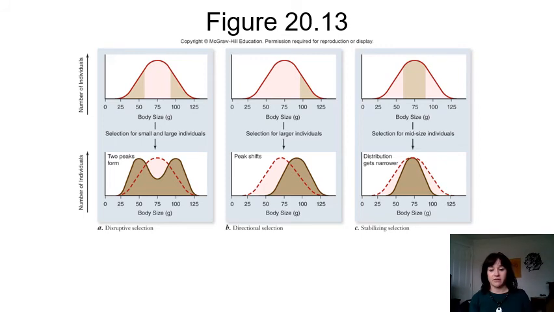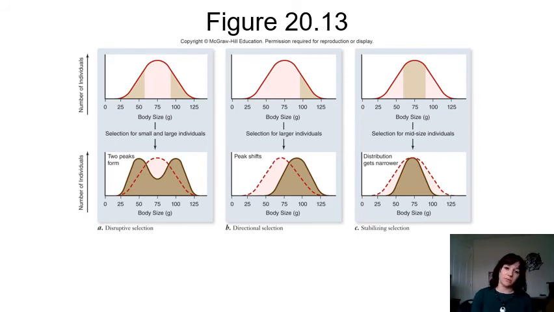So let's start on the right, stabilizing selection, because that's one that we've talked about before and that you're probably familiar with. So we're looking at an example of body size, and body size is determined by multiple genes. And over time, a certain size is going to be selected for, is going to be optimal. You don't want to be too big because then you need to eat a lot.